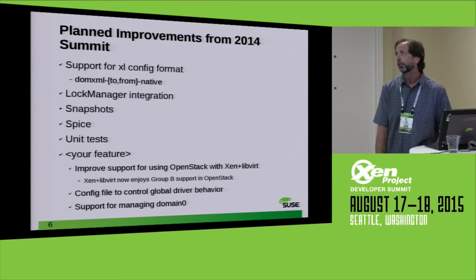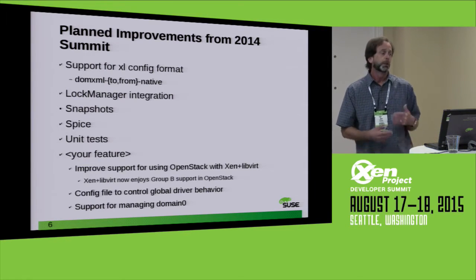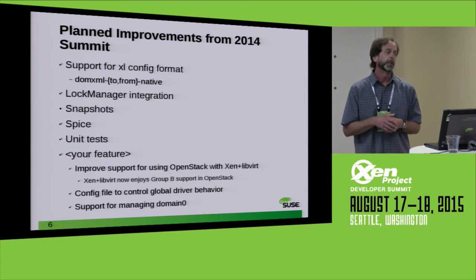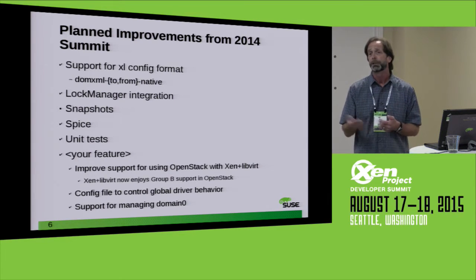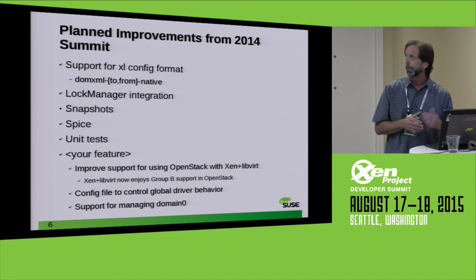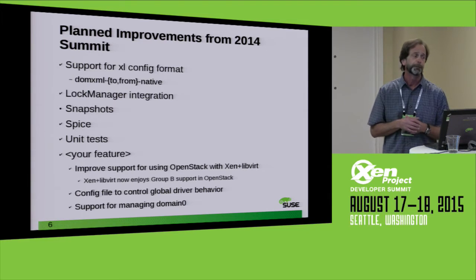But there are some differences. In the XL config format, the way we specify disk is much different, much more expressive. And so we didn't have support for converting that stuff last year. But that work was completed not long after last year's summit.